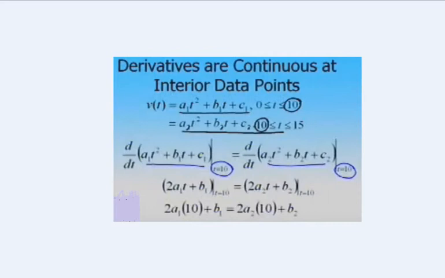So we equate both of them, differentiate and put t equal to 10, because only at t equal to 10 are our splines equal. This is the derivative of this equation, and this is the derivative of this equation. We are going to substitute t equal to 10.